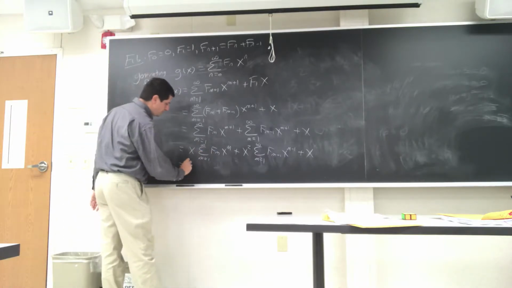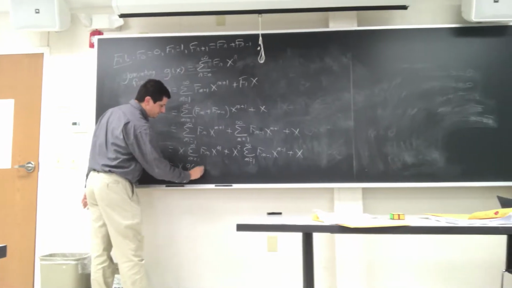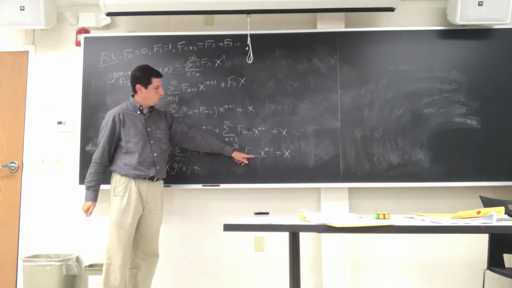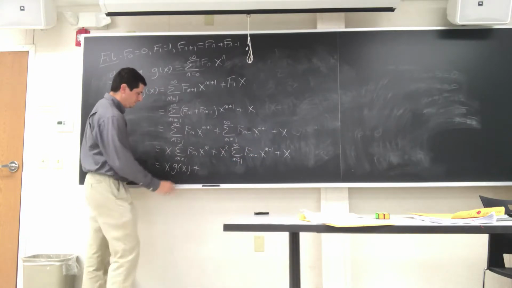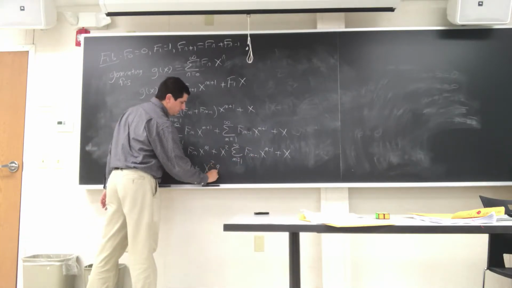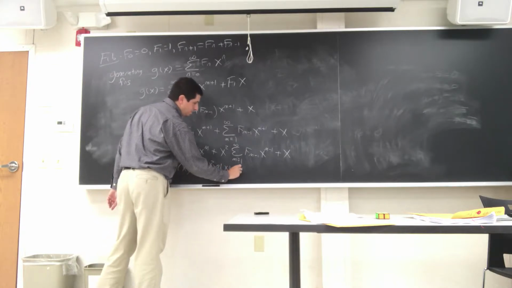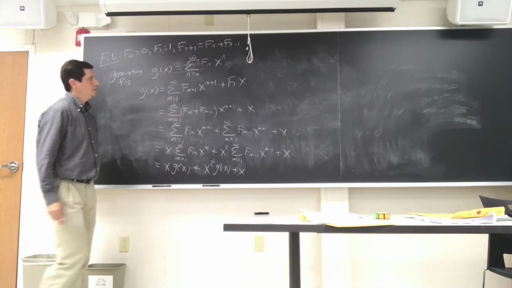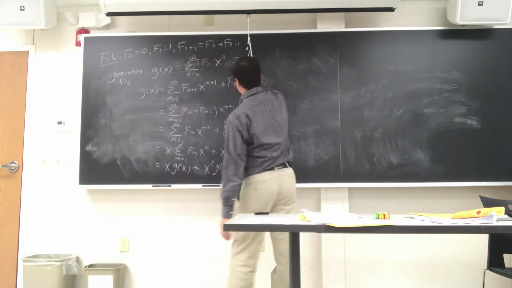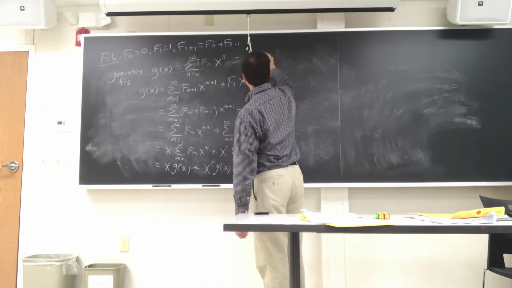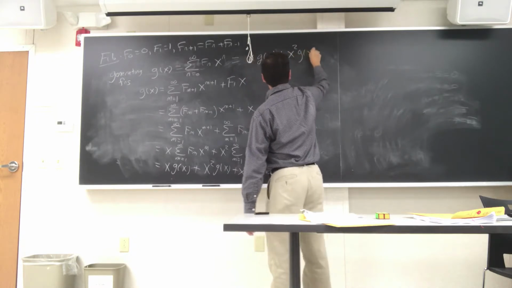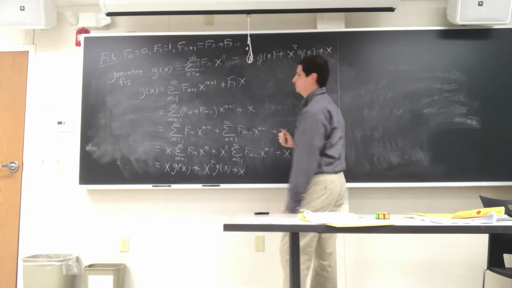So this is just going to be x g of x. The next piece, when m starts at 1, we get, beautiful, we have it perfectly, plus x squared g of x plus x. All right, so I can write that up here as x g of x plus x squared g of x plus x.